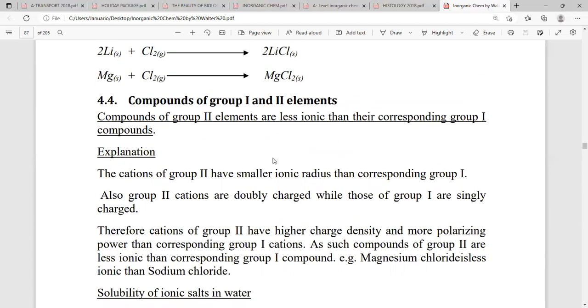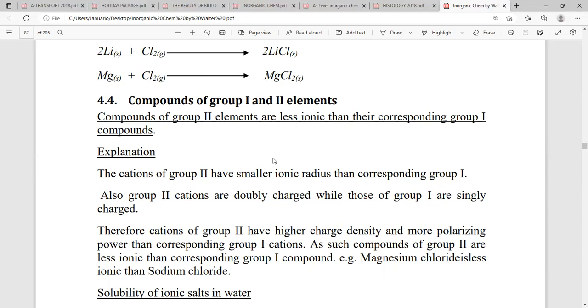The compounds of group 2, of course, will be less ionic than the corresponding group 1 compounds because the cations of group 2 have a smaller ionic radius than the corresponding group 1 elements. Also, the group 2 cations are doubly charged, while those of group 1 are singly charged. Therefore, expect group 2 cations to have higher charge density and more polarizing power than the corresponding group 1 cations.